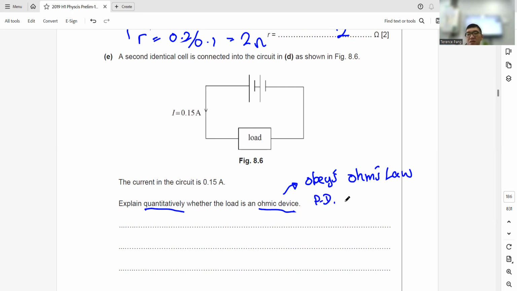Potential difference is proportional to I, or V is directly proportional to I. In a sense, R is constant. Again, these are basic concepts that you have to pin down.